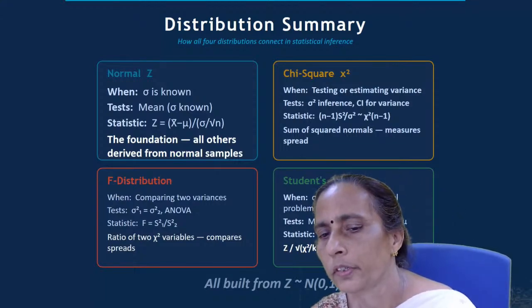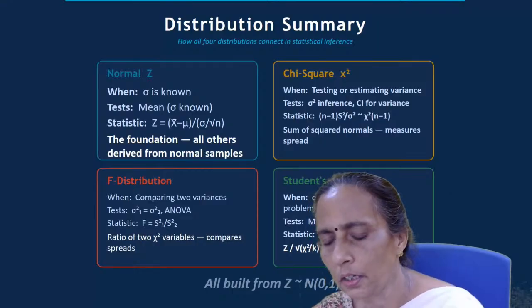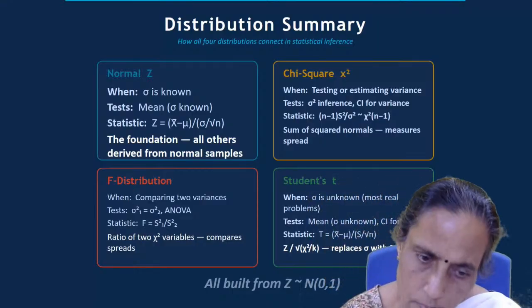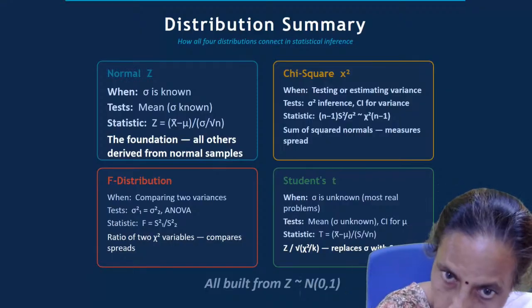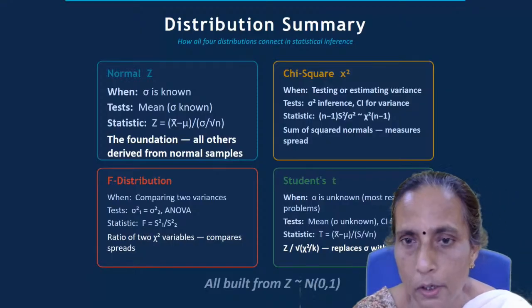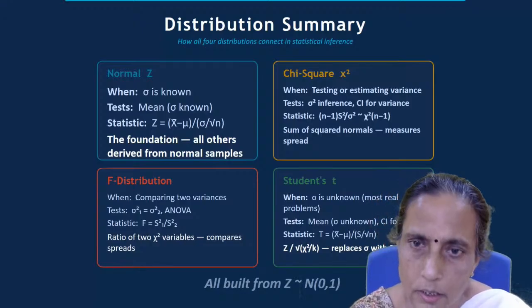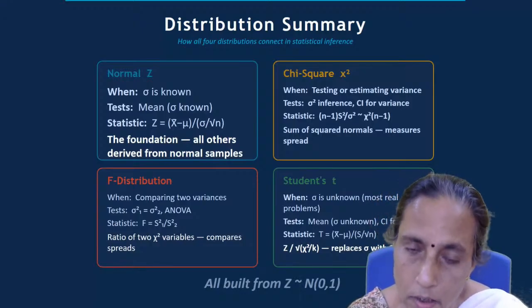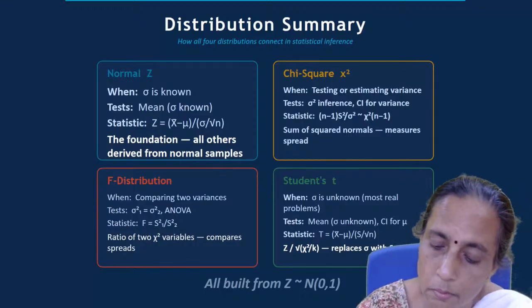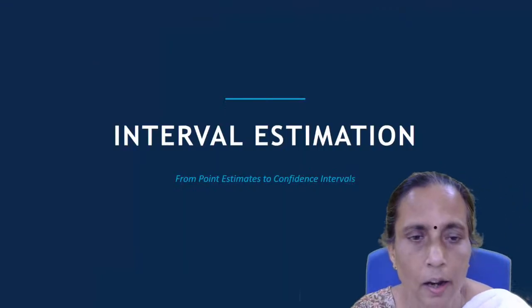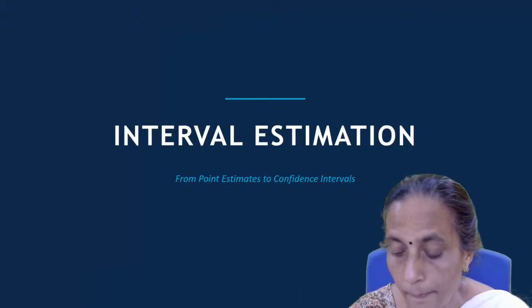So it is t equal to this, which replaces sigma with s. So all these are built from your standard normal distribution, that is the normal distribution with mean 0 and standard deviation 1.